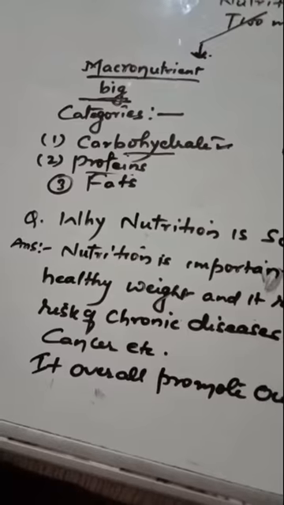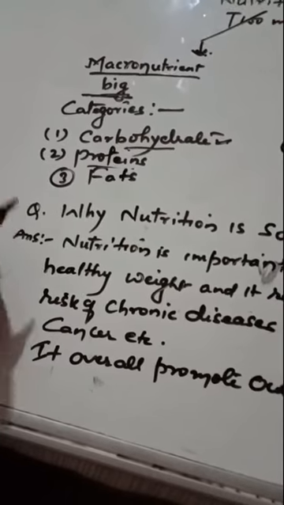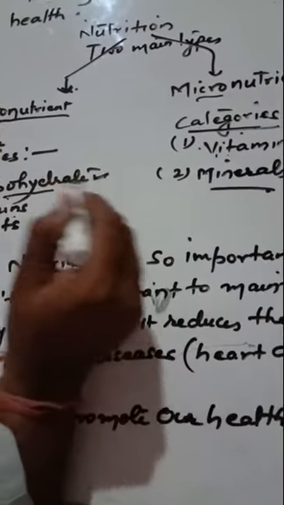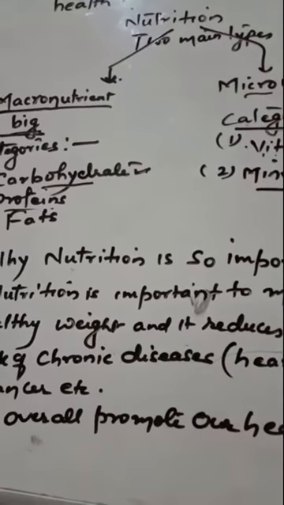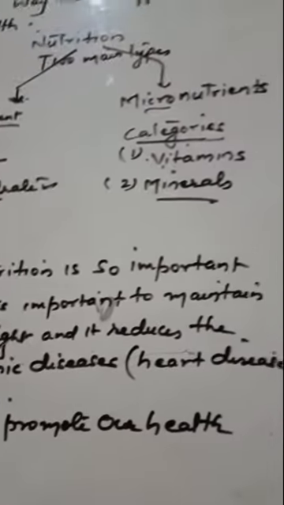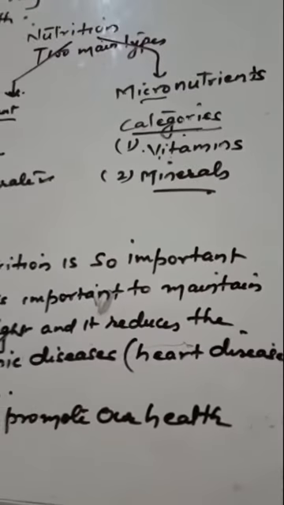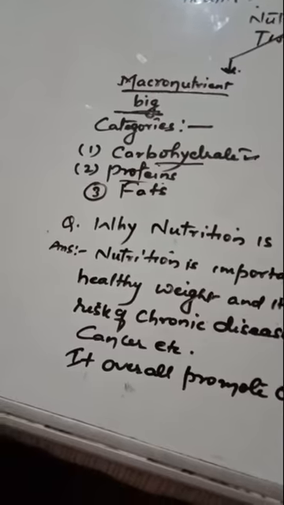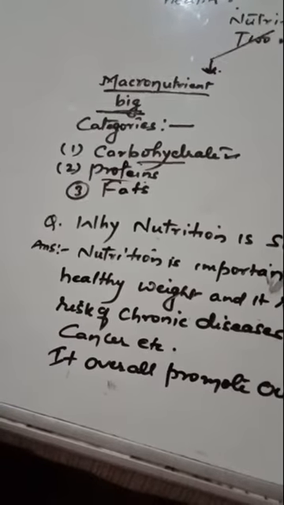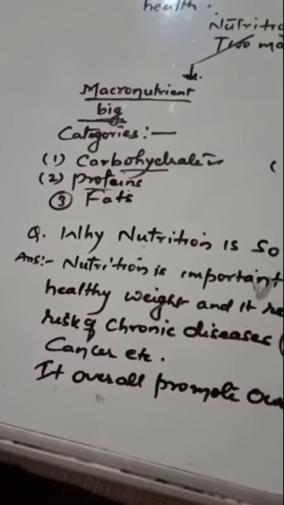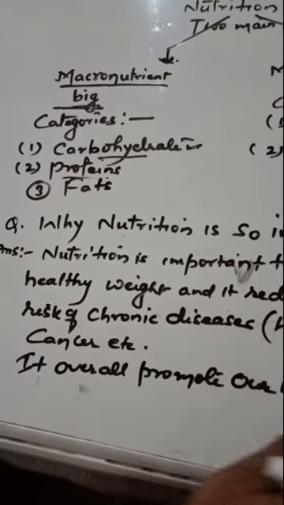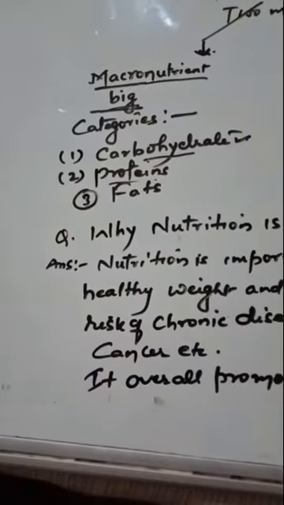If we fail to take proper carbohydrates, proteins and fats, vitamins and minerals, then our health will deteriorate. So we should take the different classes of food as a regular intake. Otherwise our health will go on deteriorating, and we have to fetch the doctors.